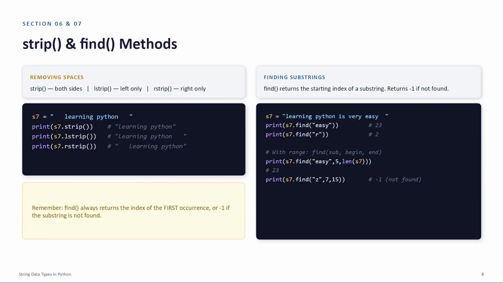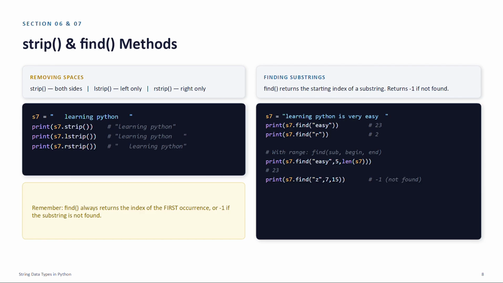If I use rstrip with s7, it will remove the spaces from the right-hand side only. In this way, we are able to remove the spaces from your variable. Websites basically use the strip function to clean the extra spaces when you enter your email address. It removes spaces only from the outer edges, not between the words.